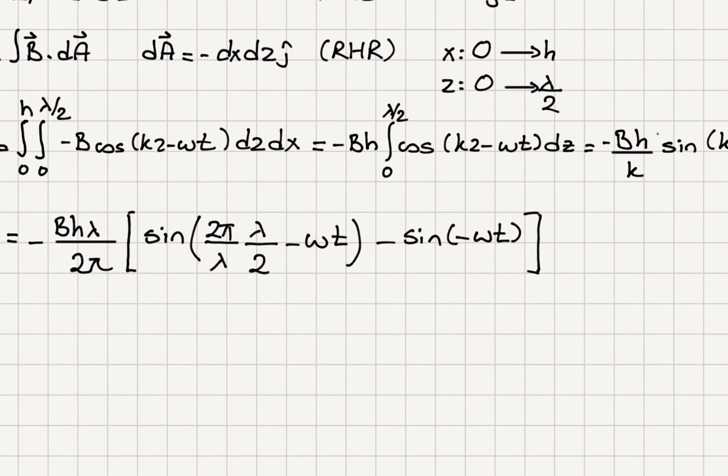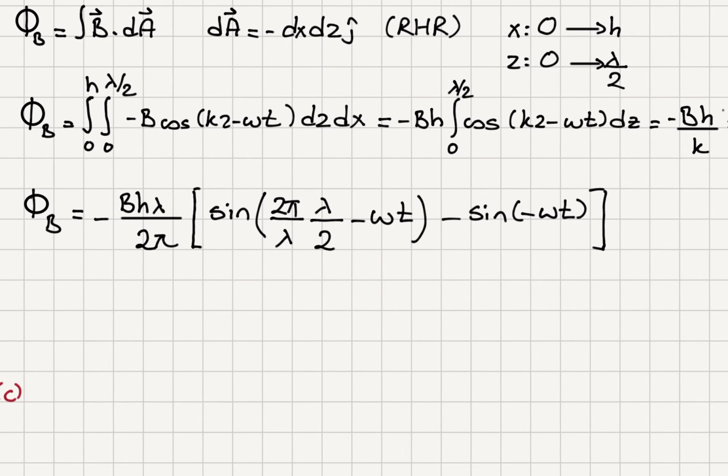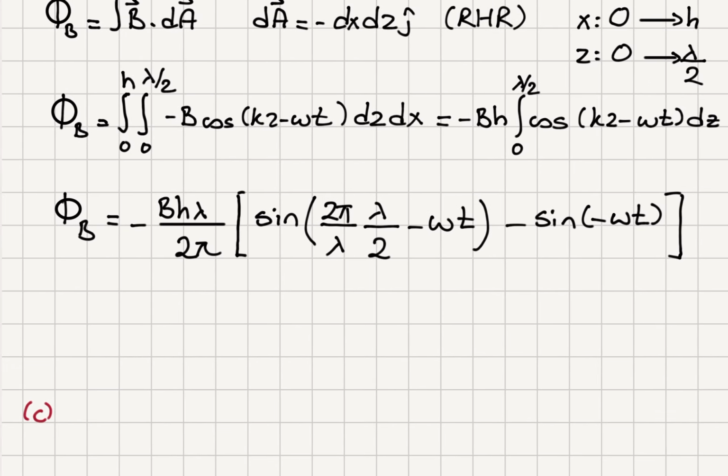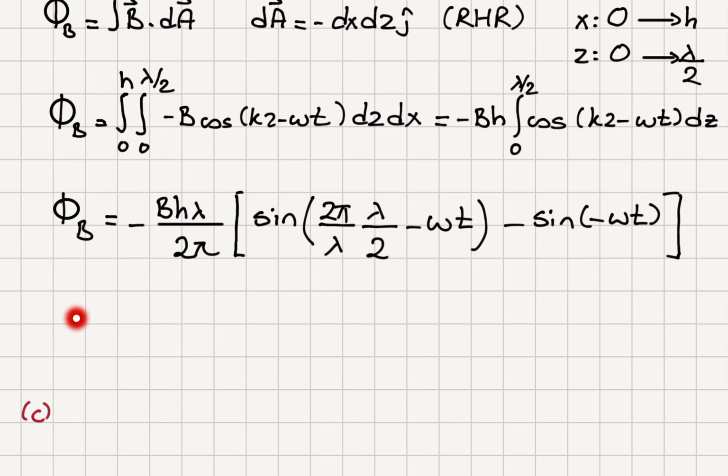All right. Now, I can rewrite this flux phi B equal to minus B H lambda over 2 pi. So here I have the lambdas canceling and the 2's canceling, sine(pi minus omega t).